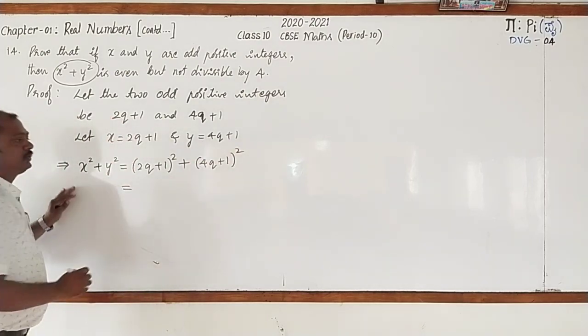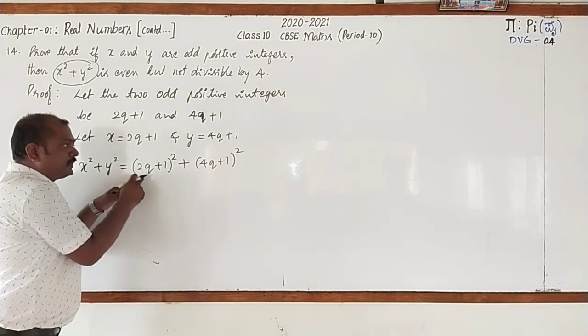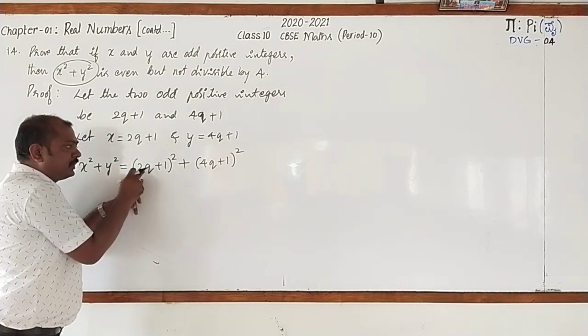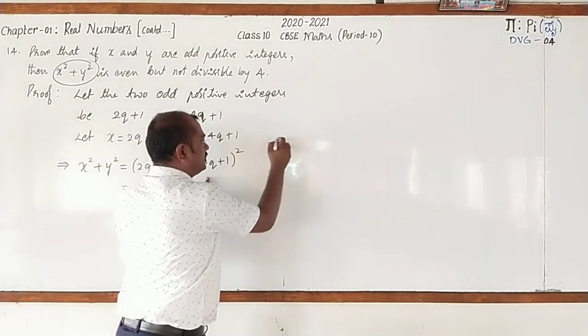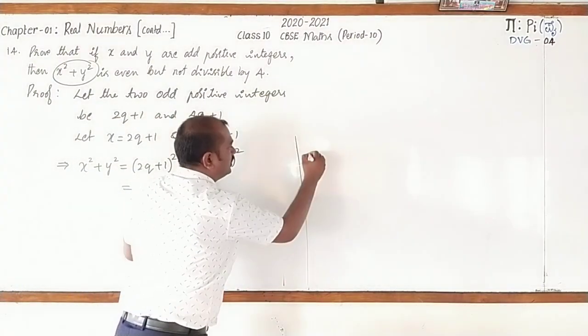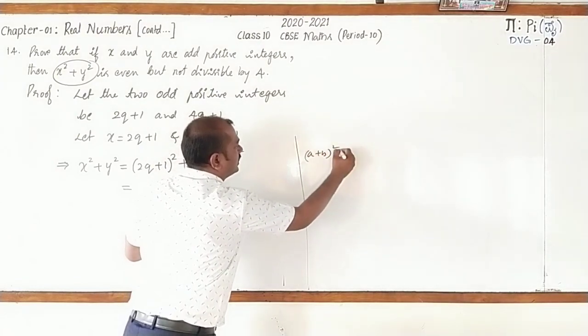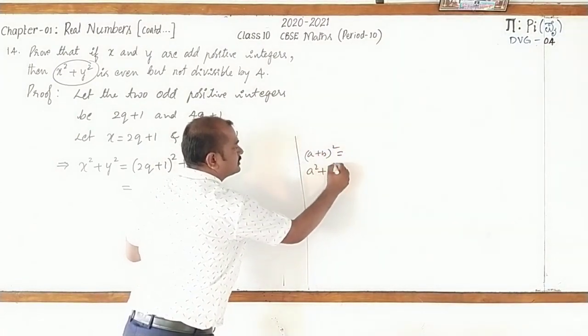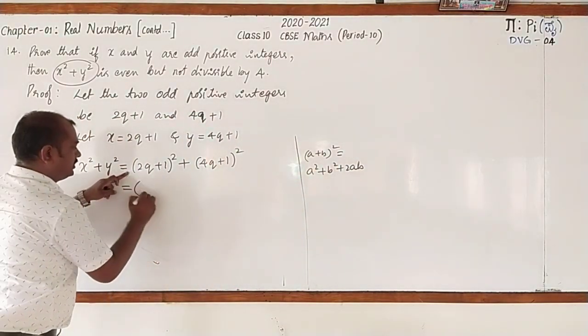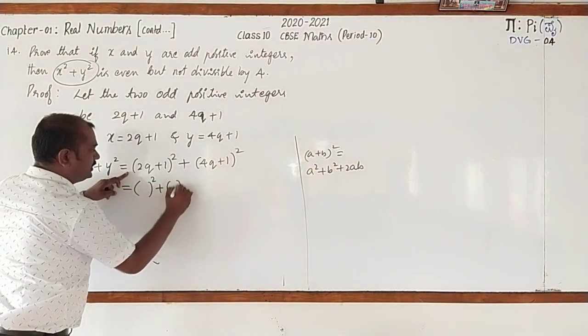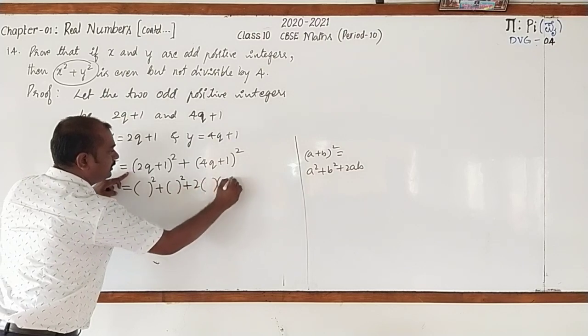Each is of the form a plus b whole square, which can be written as a square plus b square plus 2ab.